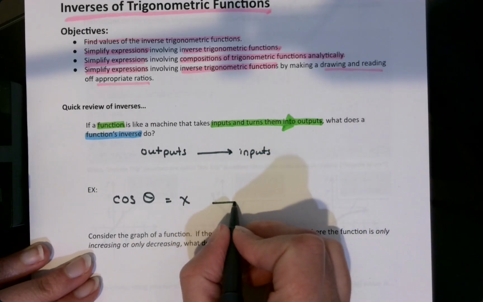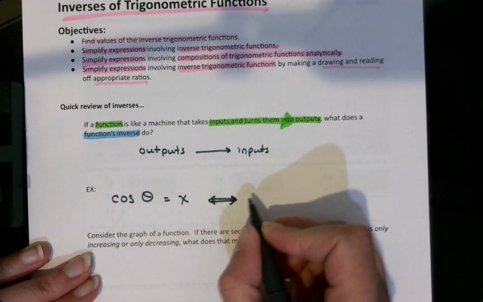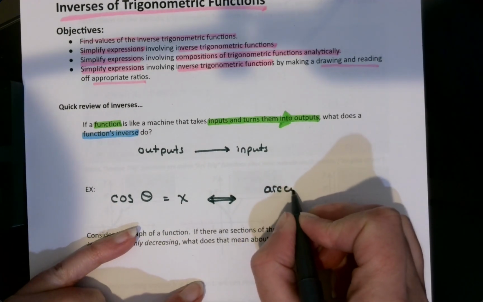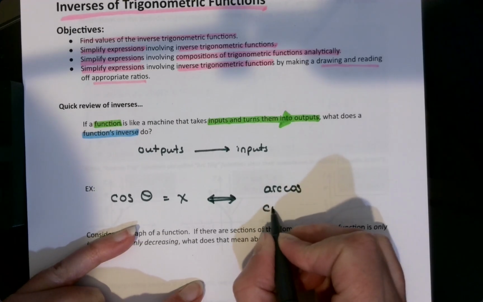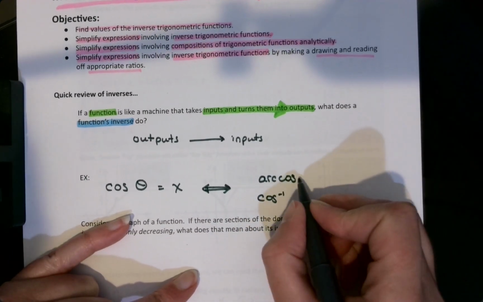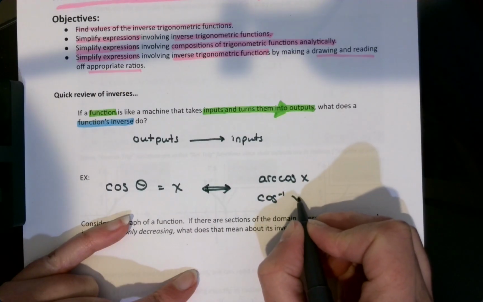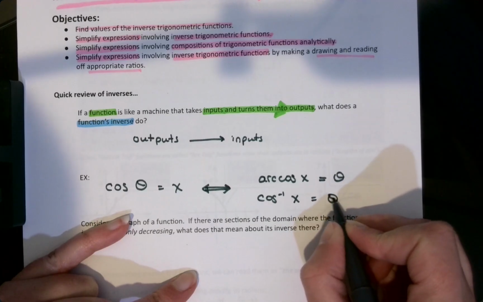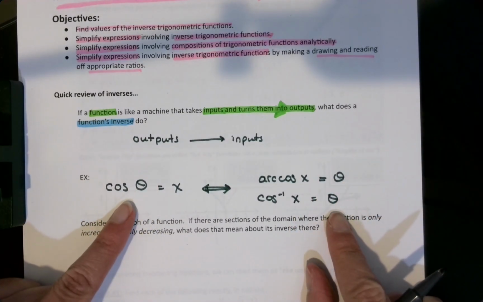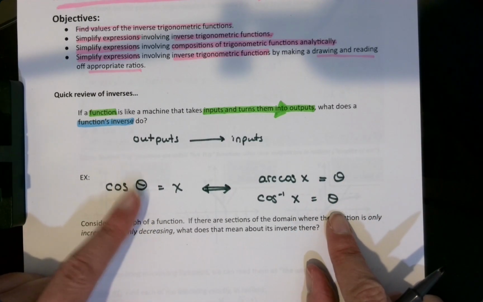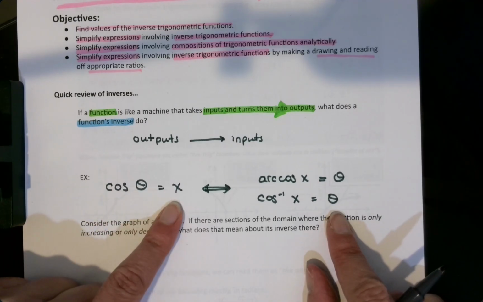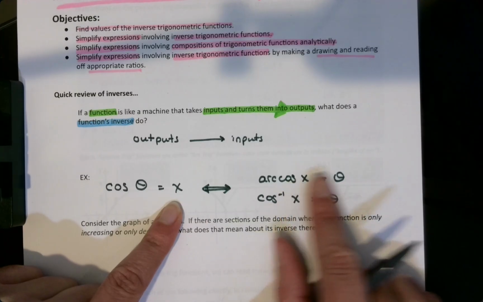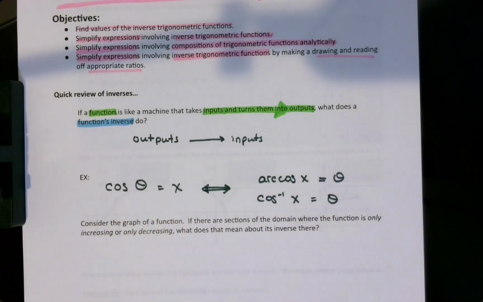Then the inverse function, which can be written as either arc cosine or as inverse cosine, either of those is going to take in the input x and return the output theta. So opposite of what the function does. The input of the function theta has an output of x. For the reverse, the outputs of the original function return the inputs to the original function.